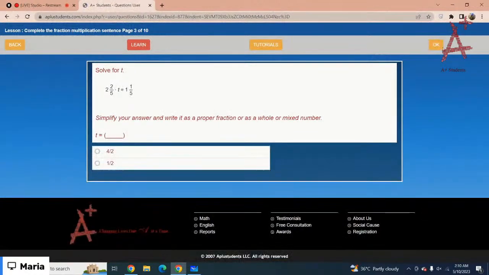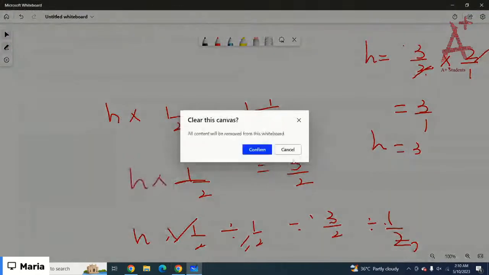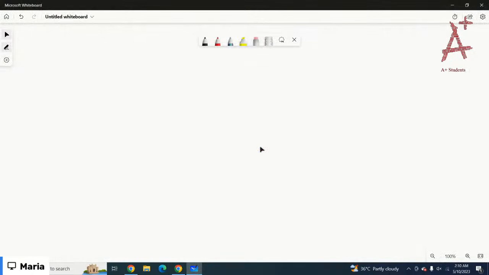Okay, the next one is the one we did on the board in the tutorial. Let me just do it: 2 whole 2 over 5 times t equals 1 whole 1 over 5. 2 whole 2 over 5 times t, and that equals 1 whole 1 over 5.